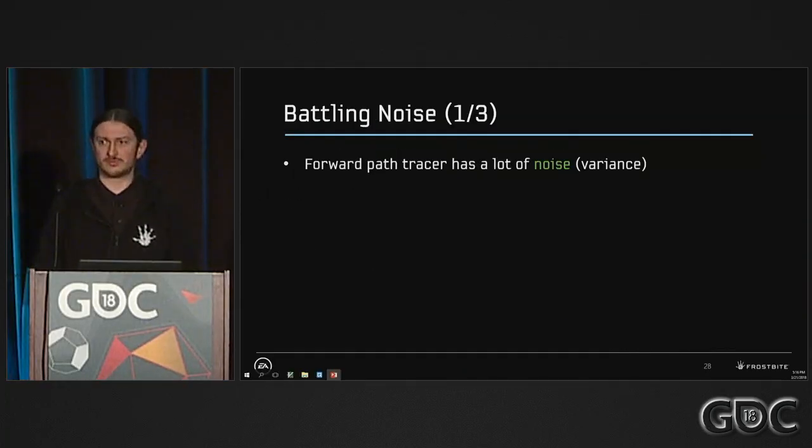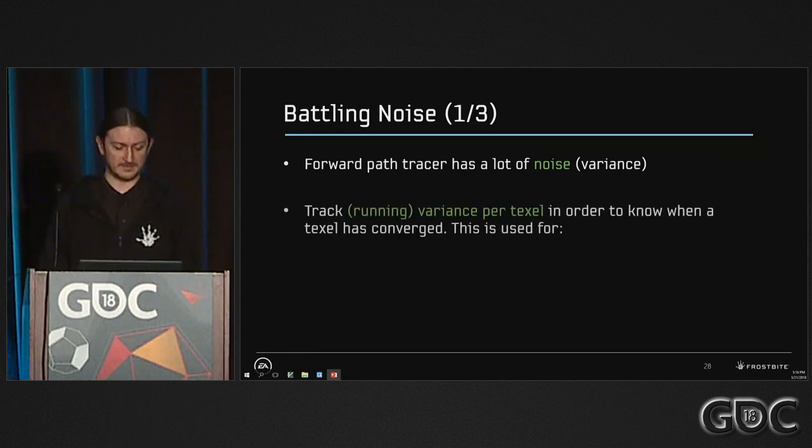So noise, of course. Flux is just a forward path tracer, so it's subject to noise due to complex scenes, complex paths, complex light sources. So we try to fix that, and what we do first is track the running variance per texel of the light map we are evaluating.